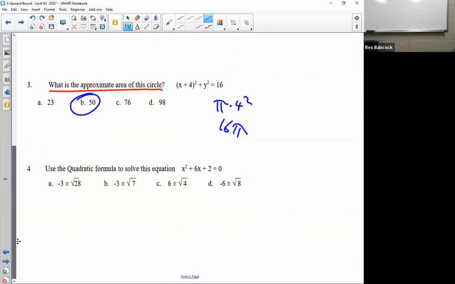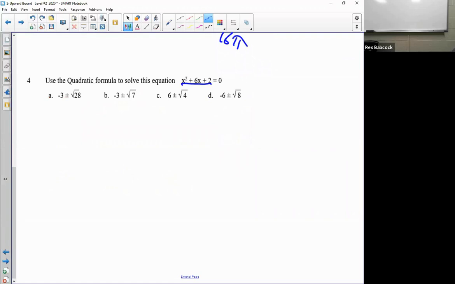Quadratic formula. There is a polynomial, trinomial. Solve it. Well, we spent some time on that this morning. Is it in the correct ABC form? Sure is. Opposite of b, plus or minus the square root of b squared minus 4 times a times c all over 2a. 36 inside the square root, 36 minus 8.